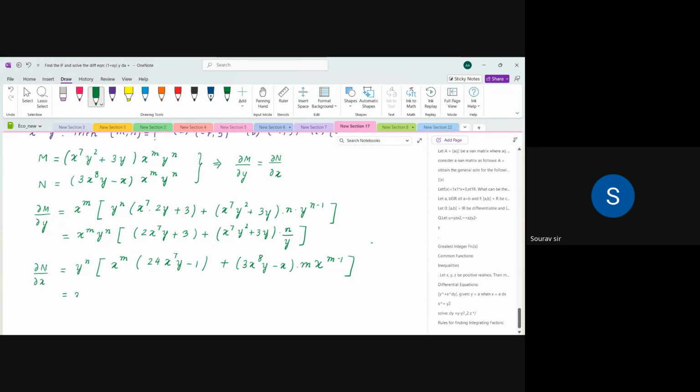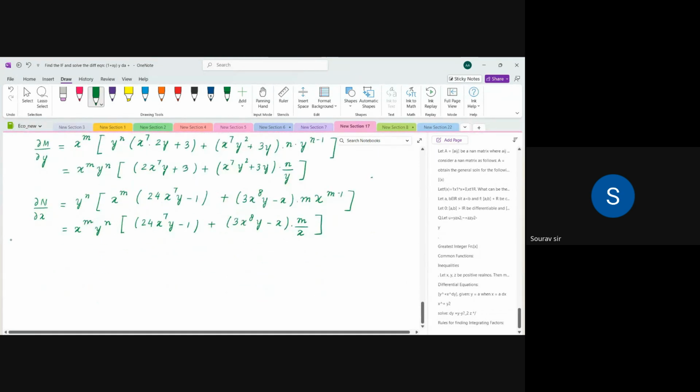And this will become x raised to the power m into y raised to the power n, 24x raised to the power 7y minus 1 plus 3x to the power 8y minus x into m by x. Agreed, everyone? Is it fine?